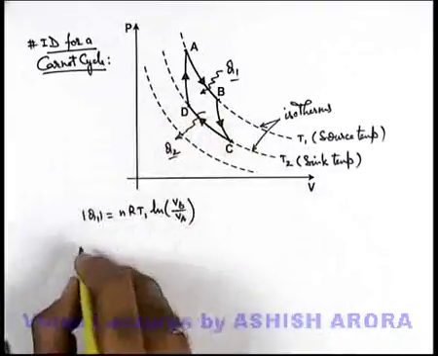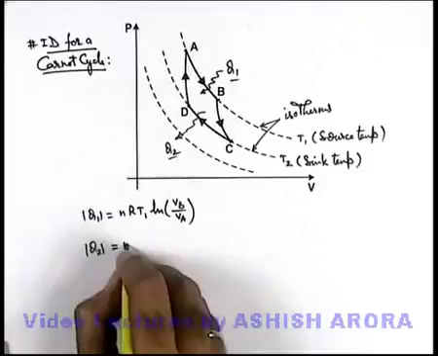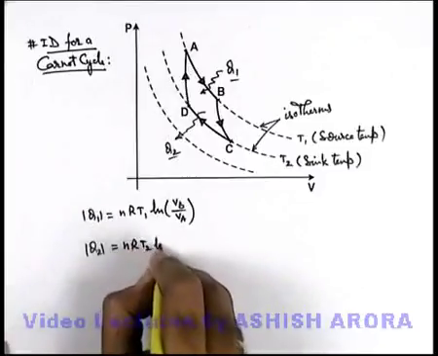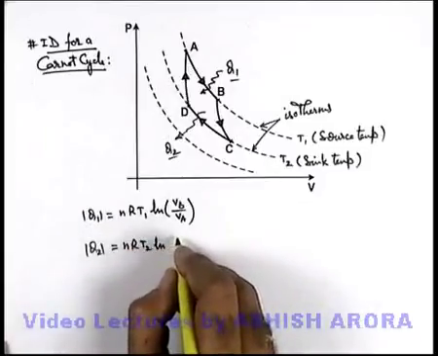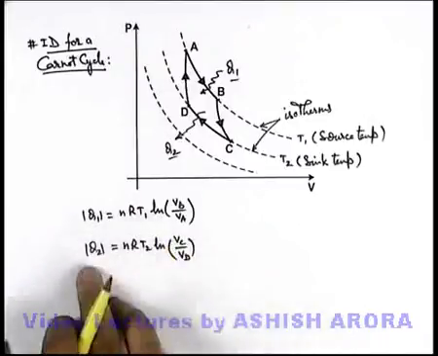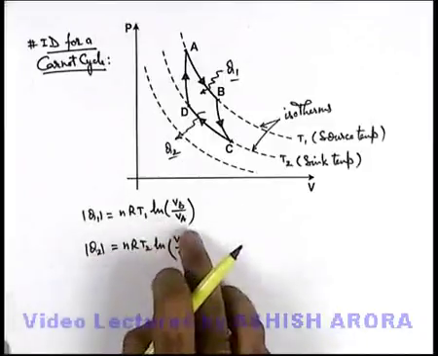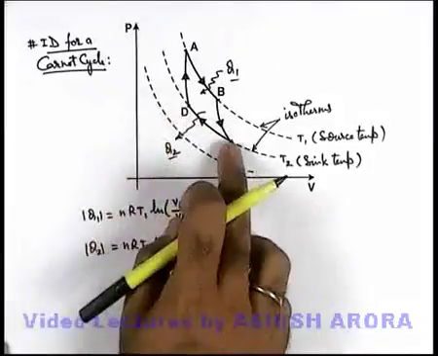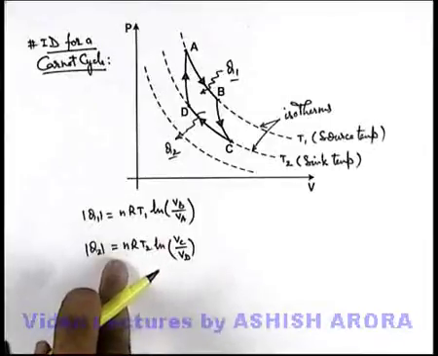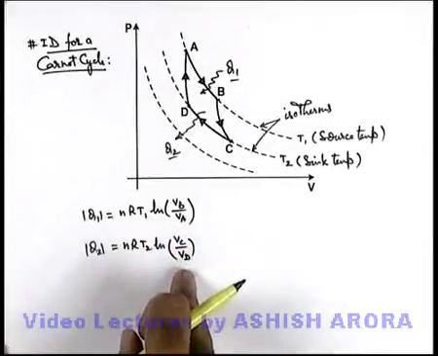Similarly, for isothermal compression, the heat will be rejected, and we can calculate its magnitude as nRT2 ln of Vc by Vd. Otherwise, Q2 would be nRT2 ln of final volume by initial volume, which is Vd by Vc, so it would turn out to be a negative quantity. For magnitude, we have just taken the inverse of the logarithmic argument.